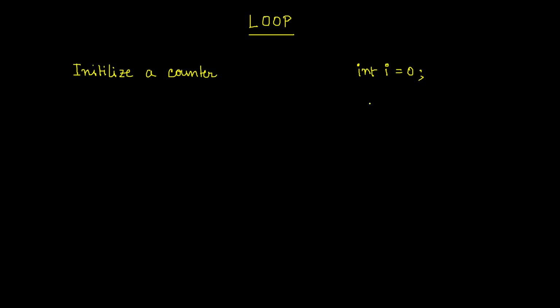That means somehow after initializing this, you have a check whether i is lesser than n or not. I'm assuming that n is already defined. For example, suppose you can define over here also int n equal to, say, 5. You are checking whether i is lesser than n or not, or lesser than or equal to, whatever you can say.